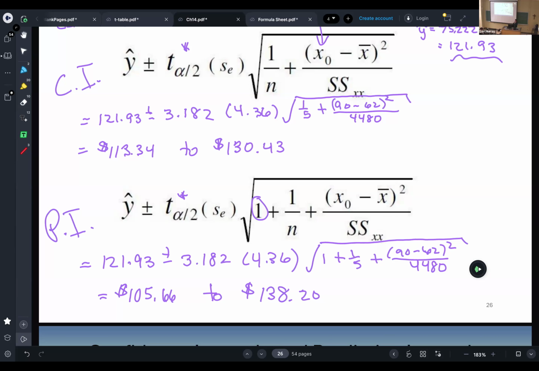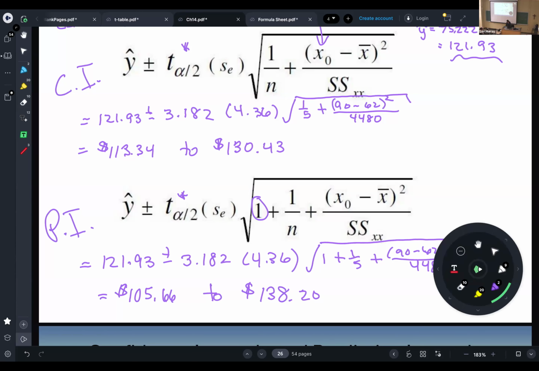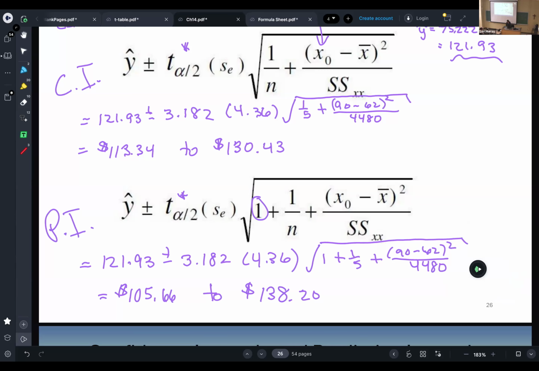Okay, so for an individual, instead of a confidence interval, it's a prediction interval. So it's a prediction interval between $105 and $138. This would be our confidence interval for the average predicted value for a new X, let's say 90.